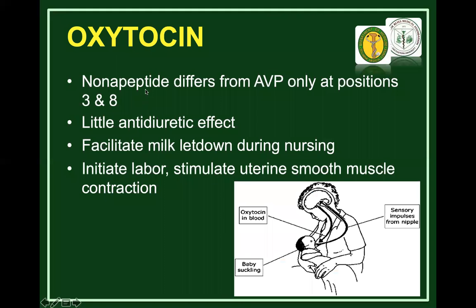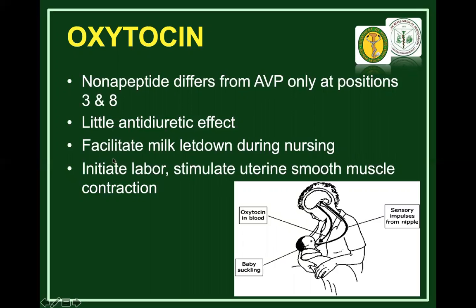Your oxytocin, as I've mentioned earlier, differs from your antidiuretic hormone, or arginine vasopressin, in only two positions, which is the 3 and the 8. It has a little antidiuretic effect. And as mentioned earlier, it is for milk letdown during nursing, it initiates labor and stimulates uterine smooth muscle contraction.